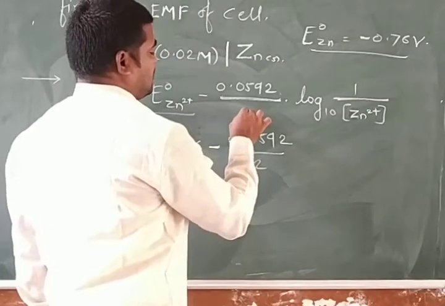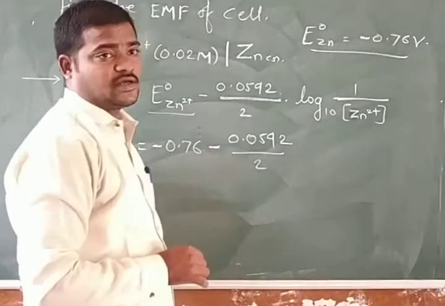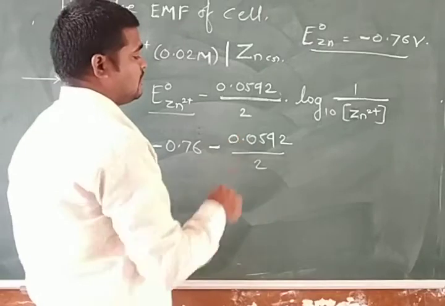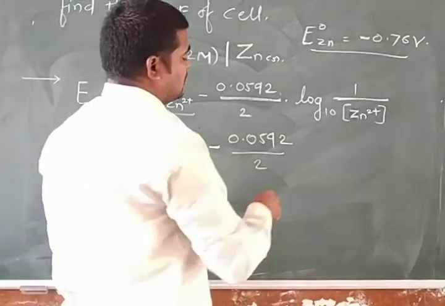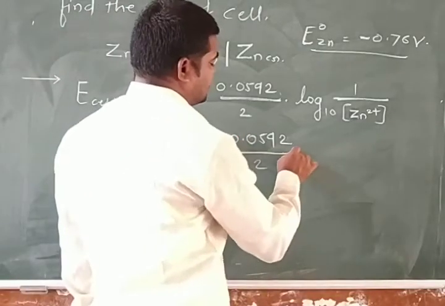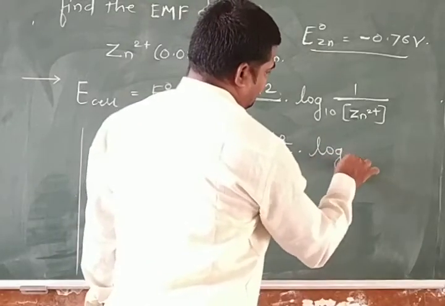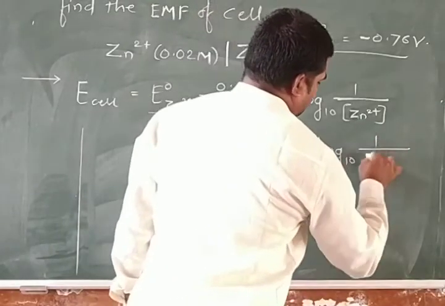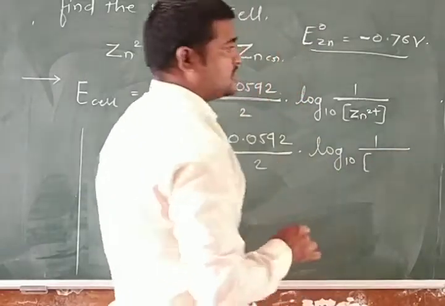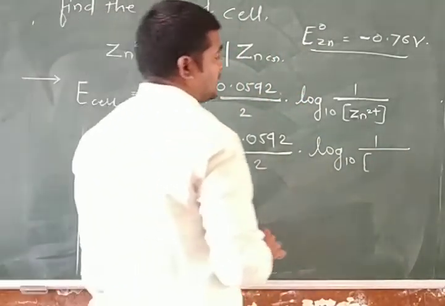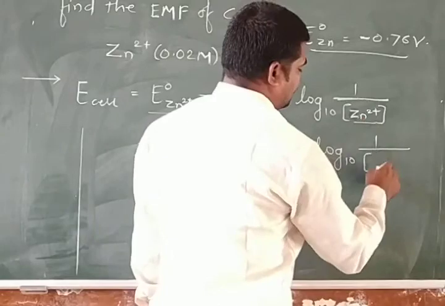In the general formula here, instead of n I have directly kept the value of the number of electrons used in this reaction, which is 2, therefore multiplied by log to the base 10 of 1 upon the concentration of the species at the reactant side, which is nothing but Zn2+.